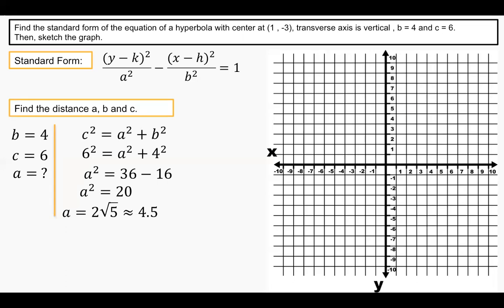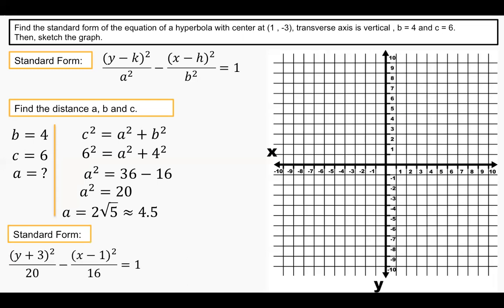Then substitute that to our standard form in order for us to get our desired standard form of the equation of the hyperbola. Thus, our desired standard form uses a, b, h, and k. And then our equation is (y + 3) squared over 20 minus (x - 1) squared over 16 is equal to 1.